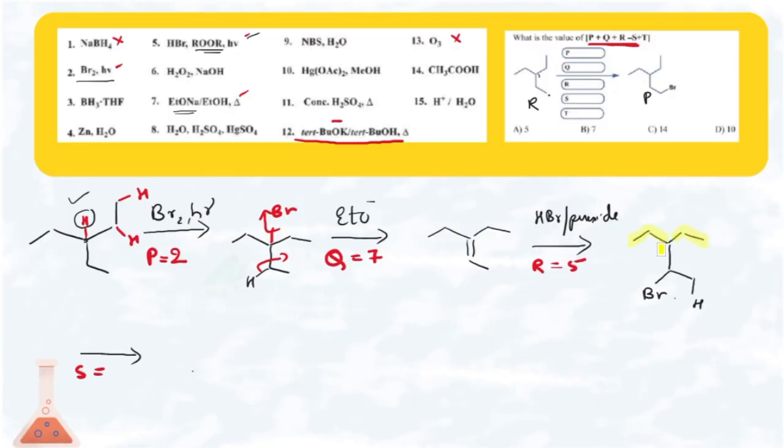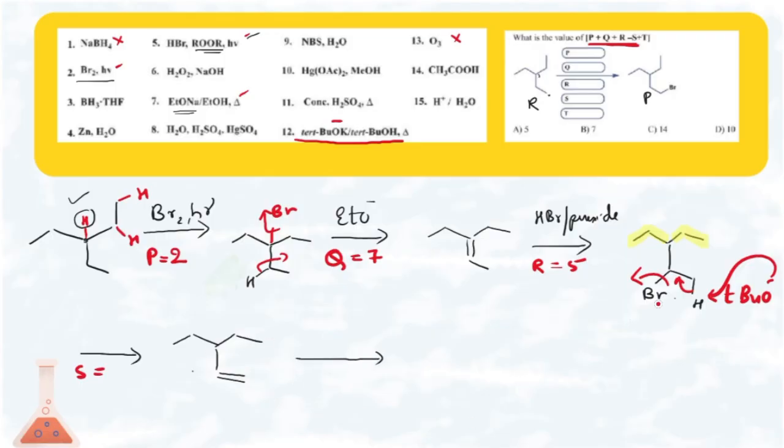Steric hindrance means this place is kind of blocked due to the bulkier groups. Now, the tertiary butoxide is a bulky group. What it does, it will take hydrogen from the less sterically hindered side. Again, you're doing dehydrohalogenation. And how do you write the product? Like this. So we are almost there.